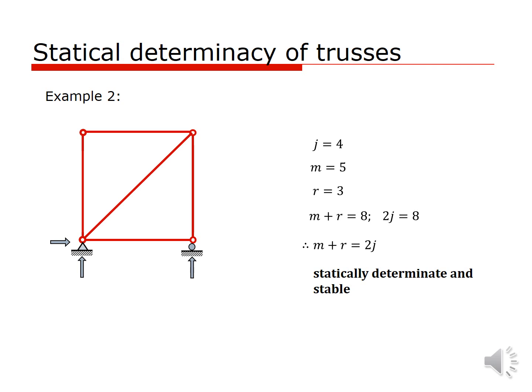Still the joints are 4, and obviously you have 3 reaction forces. So now M plus R is 8, where 2 times J is 8, which means M plus R equals 2J. So we can say that this structure is statically determinate and stable internally and externally.